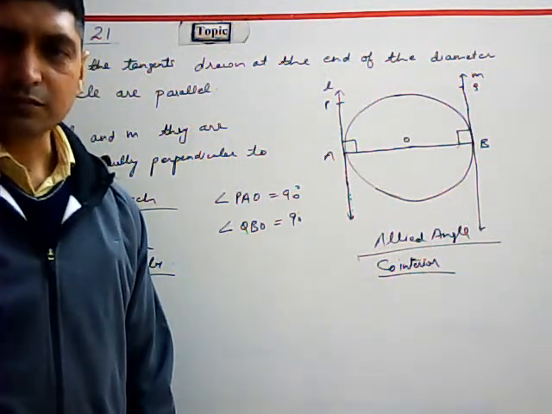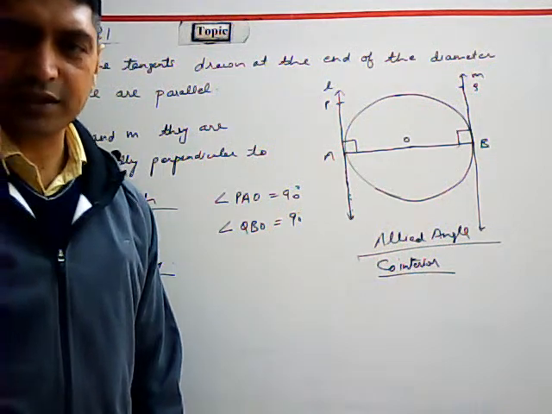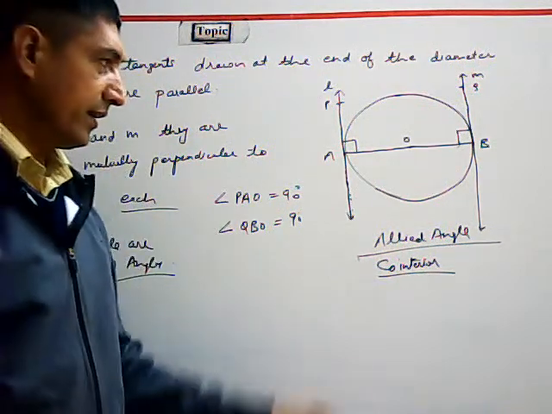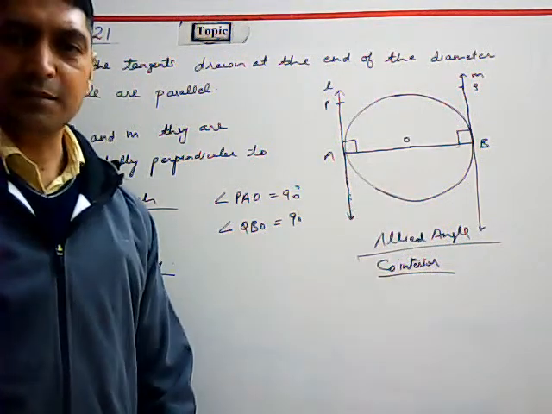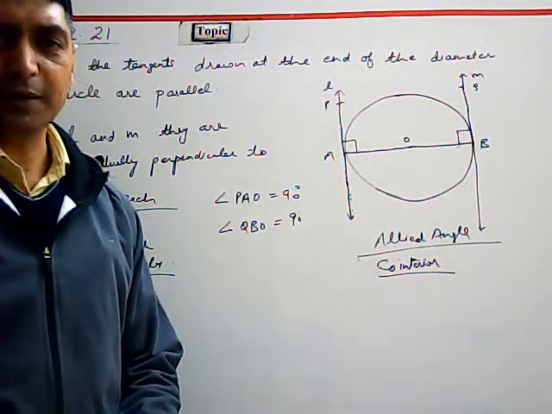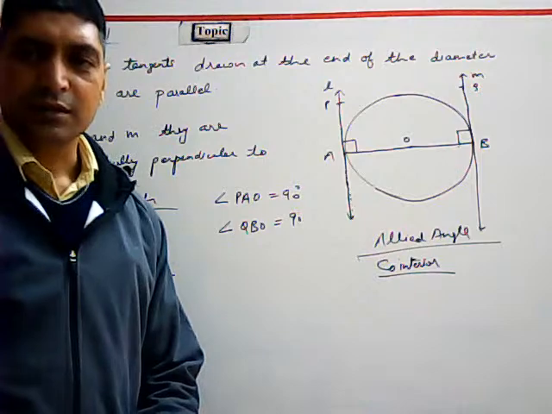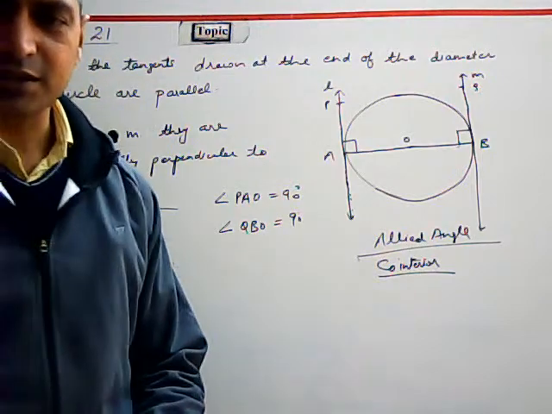So if the angles are co-interior angles, their sum is 180 degrees. Okay, so this is all about today's class, right?